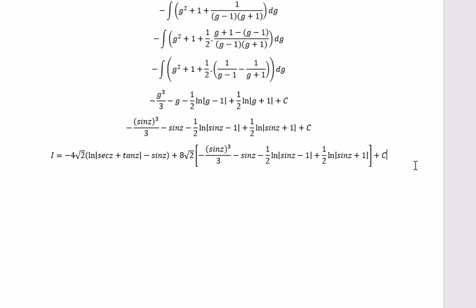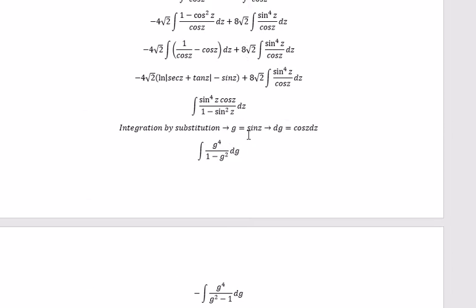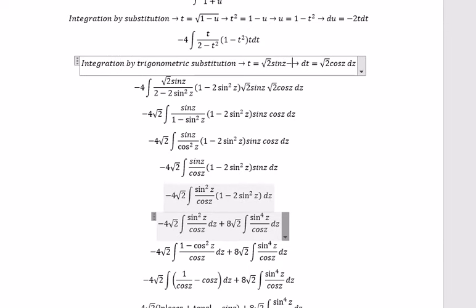Next, about z, we need to change back for t. So we divide both sides with the square root of number 2. So we got z equal to arcsine of t divided to the square root of number 2.